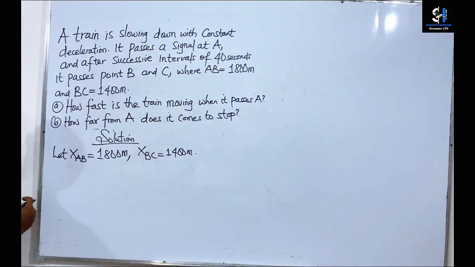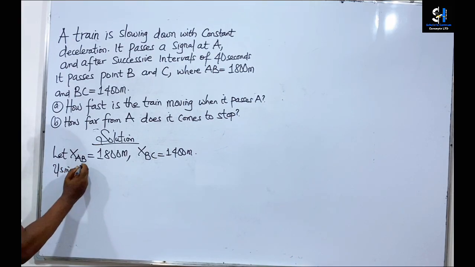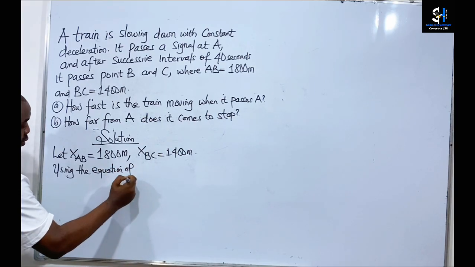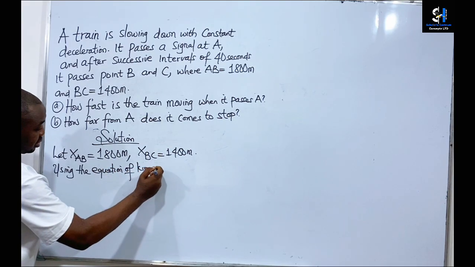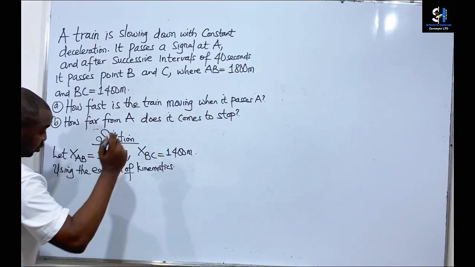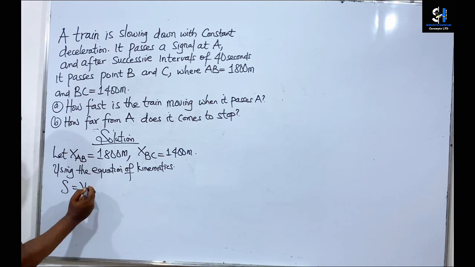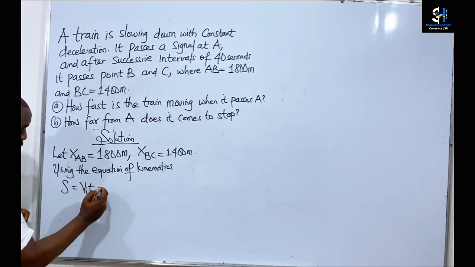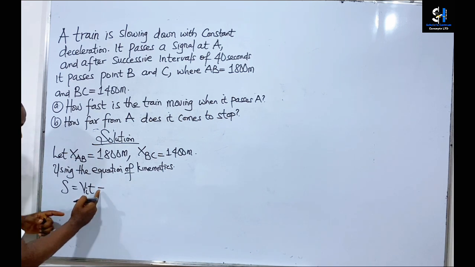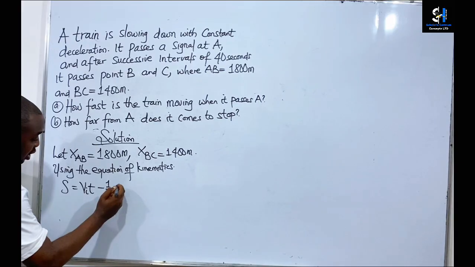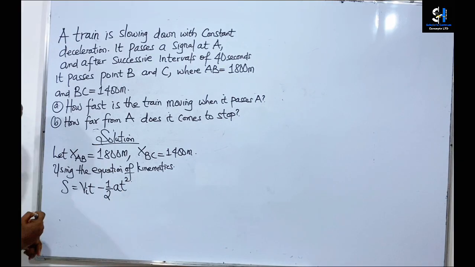Using one of the equations of kinematics, S equals initial velocity multiplied by time t, and since the acceleration is negative, minus 1/2 of A t squared.